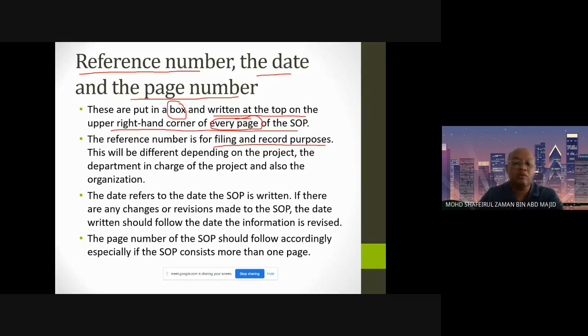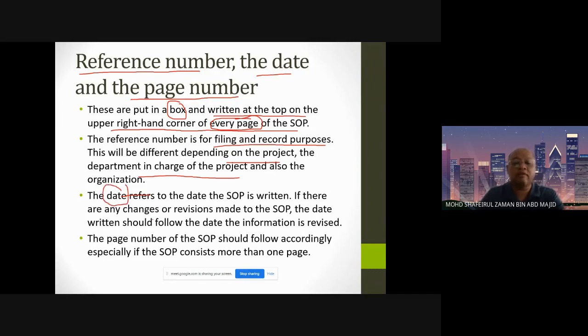This will differ depending on the project, the department in charge, and also the organization. Different companies will have different reference numbers. Even in the same company, different departments will have their own reference numbers, and even on the same project there may be differences in the reference number as well. Next, we are going to look at the date.